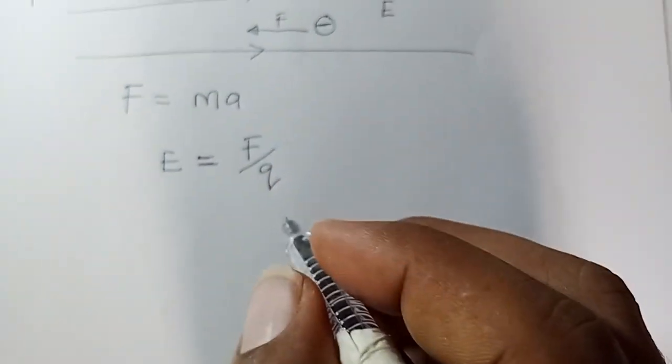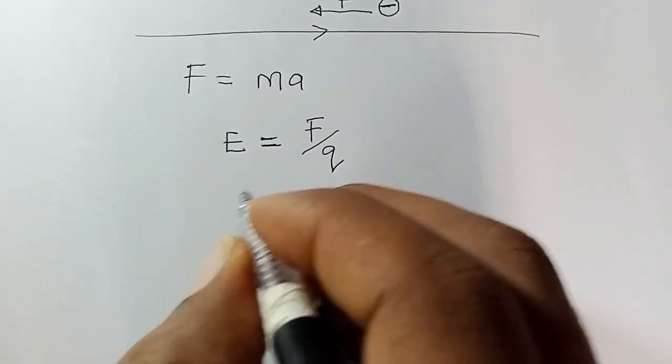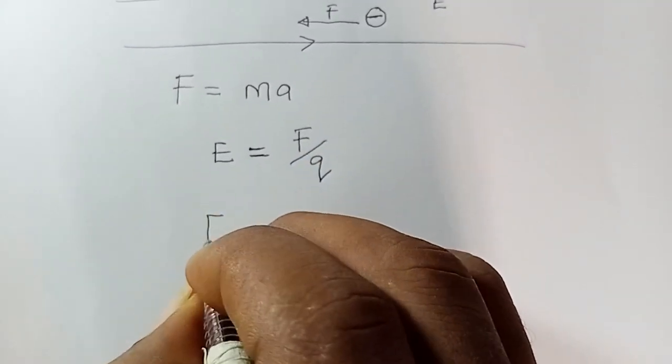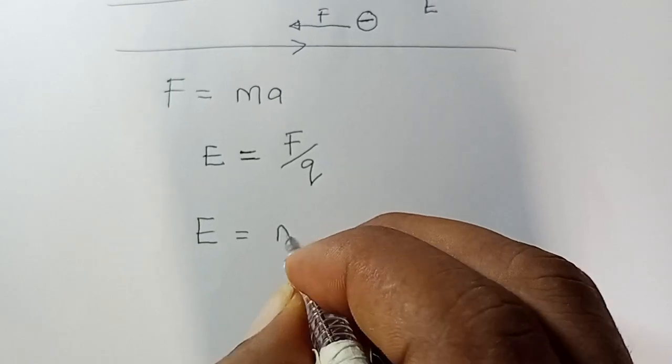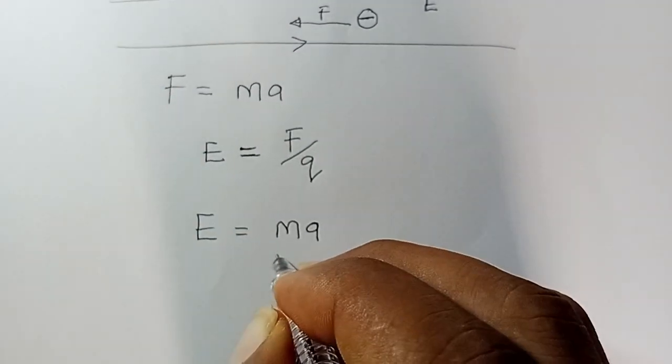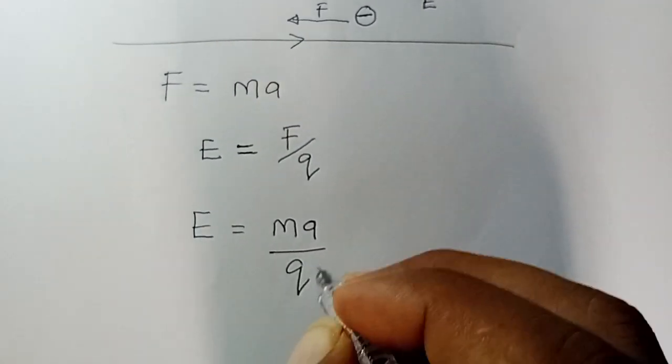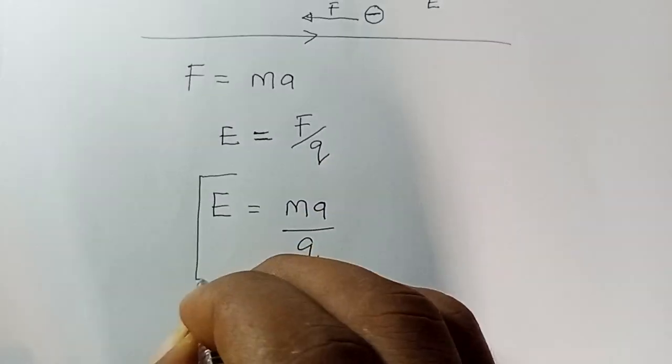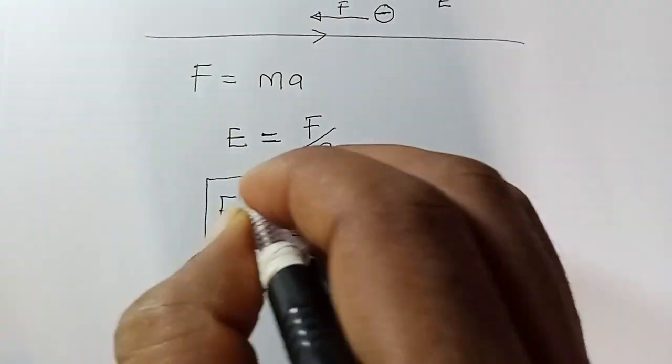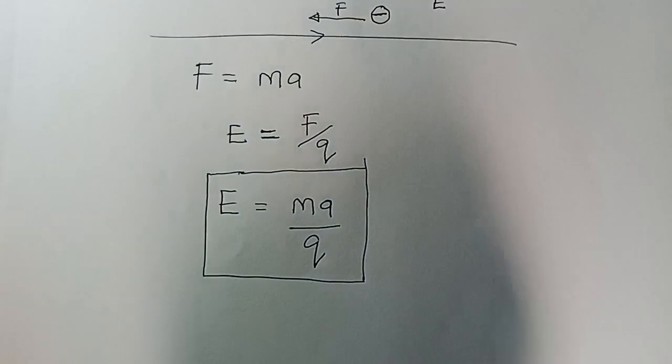So we simply say that the force can be converted into mass times acceleration, so this formula can be written this way. This should be another formula you should remember in this semester's physics electric field.